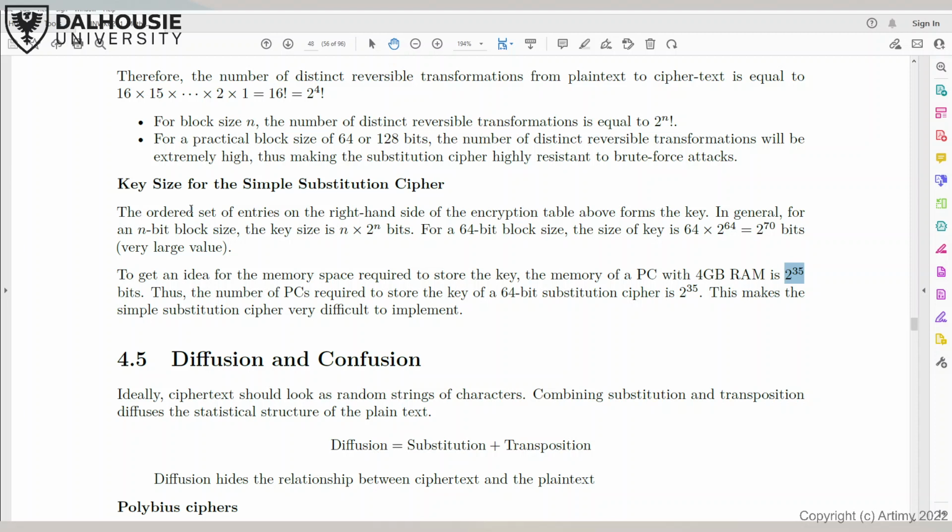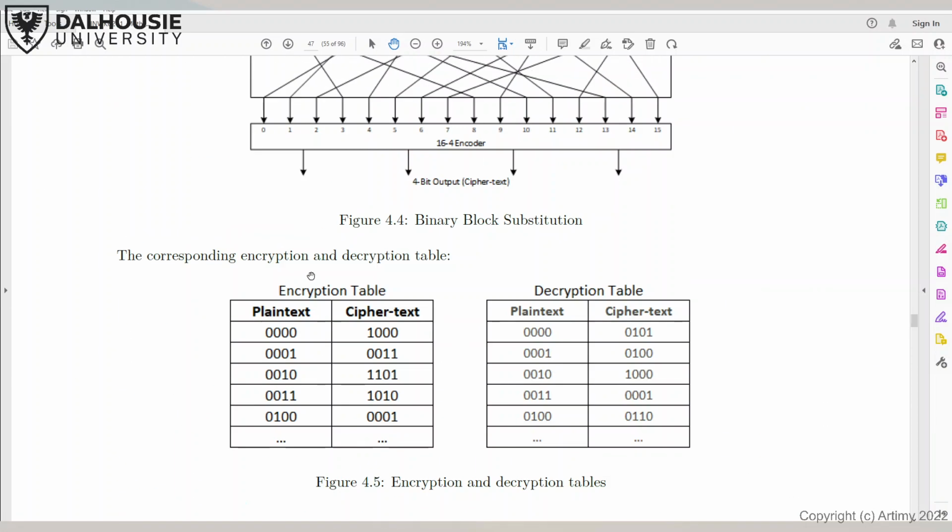Now you cannot find enough PCs, or a PC with really huge memory, right? Neither one of these options is practical. You cannot just stack 2 to the power of 35 PCs just to encrypt and decrypt. Neither can you have a PC with such large memory just for encryption and decryption. So we need some better techniques other than the mapping. You could simply say, well, how about we use hardware like this?